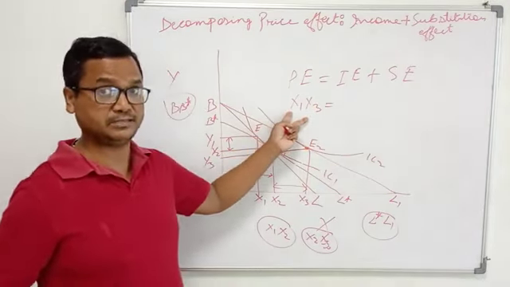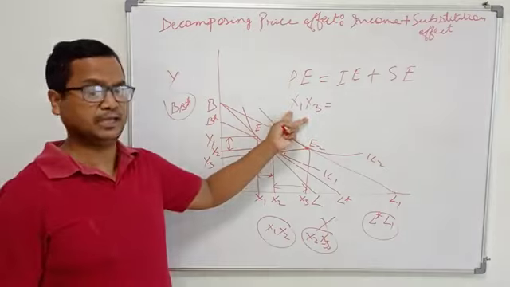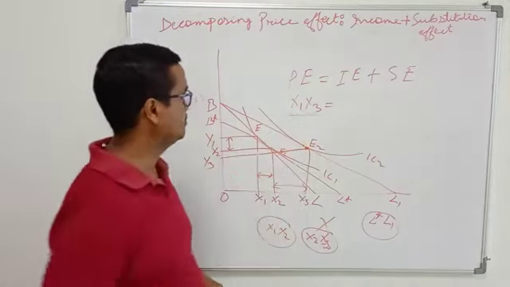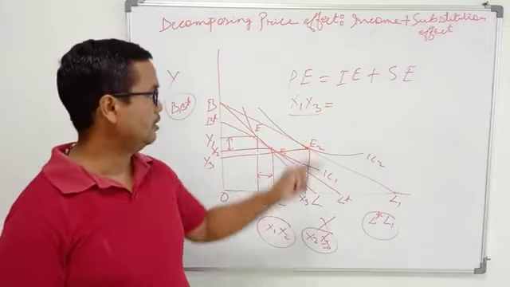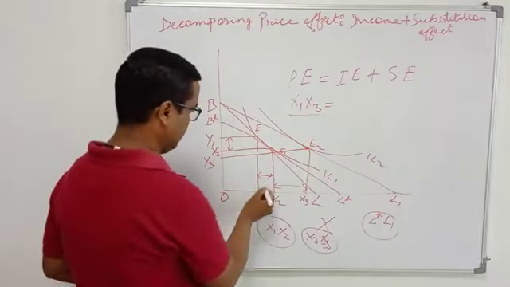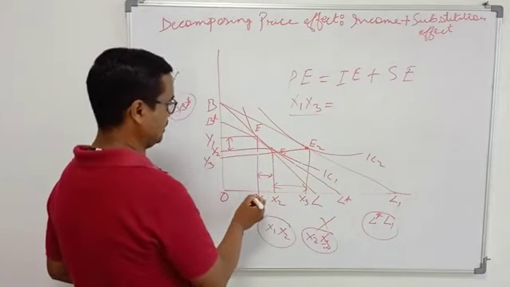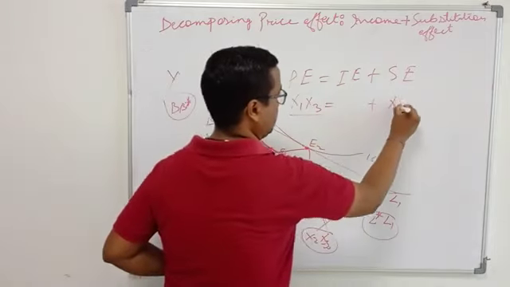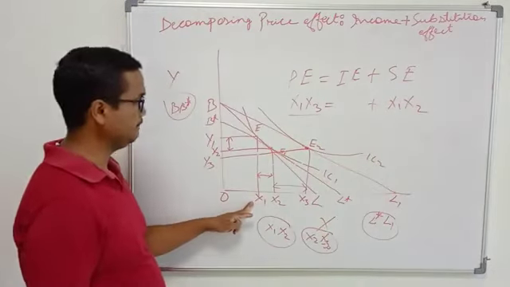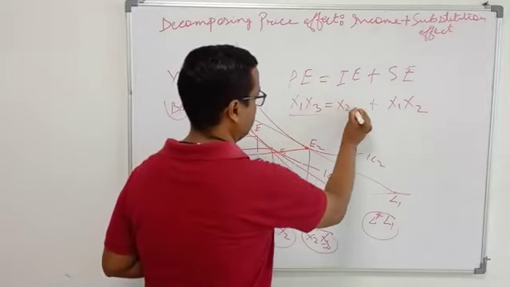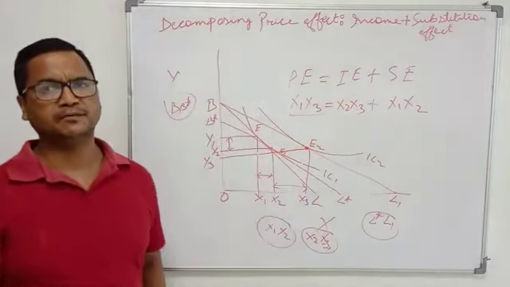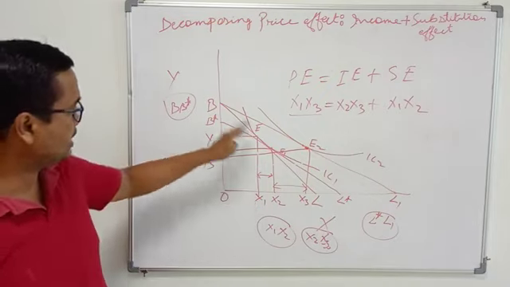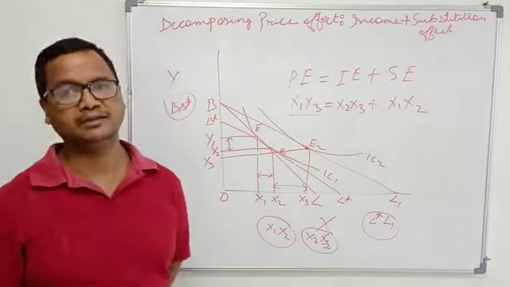Consumption of good X has increased because of the change in price, but there are two parts to this change in consumption of X. One is attributed to the substitution effect. In the graph, X1, X2 is the substitution effect, and X2, X3 is the income effect. In this way, we have bifurcated the price effect into the substitution effect and the income effect.